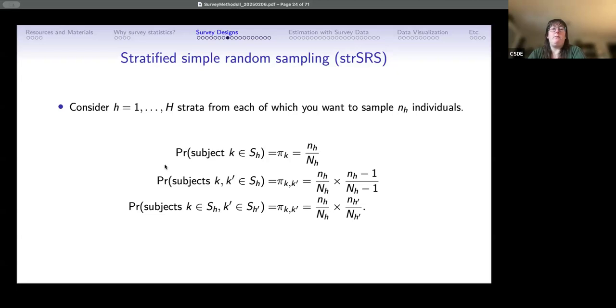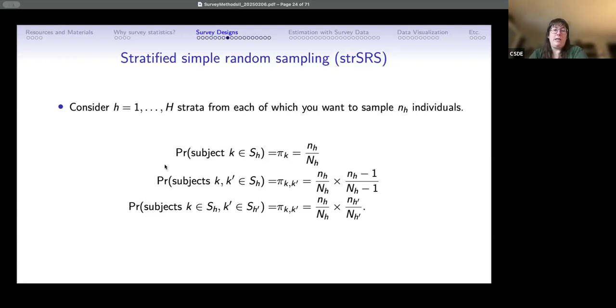In this case, the probability that an individual who is in strata h makes it into the sample is little n_h over big N_h, right? Within each strata, it's just like simple random sampling without replacement.